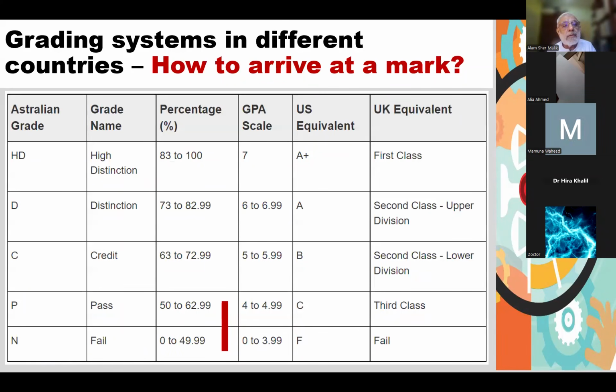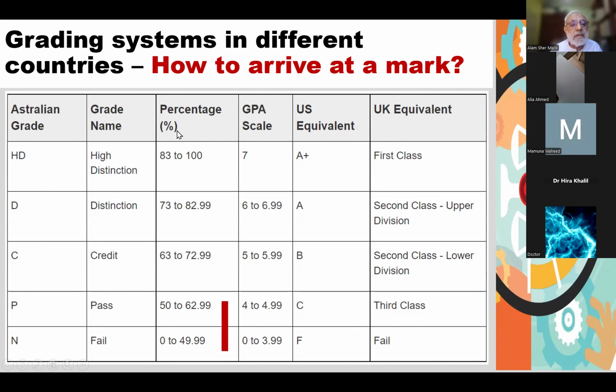Now, the first question: grading systems in different countries and how to arrive at a mark. Let's say this is the grading system in Australia: HD, D, C, P, and N. HD stands for high distinction, D for distinction, C for credit, P for pass, and N for fail.